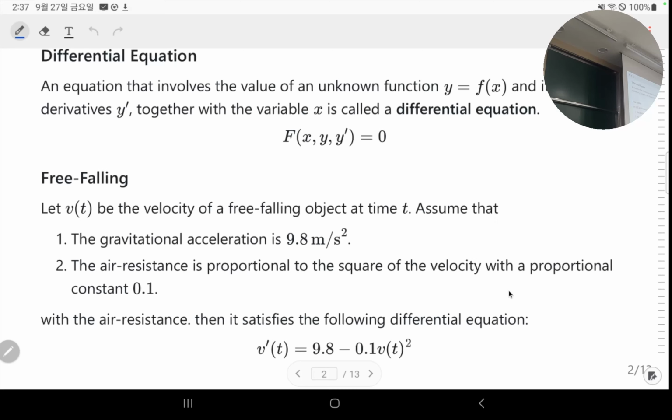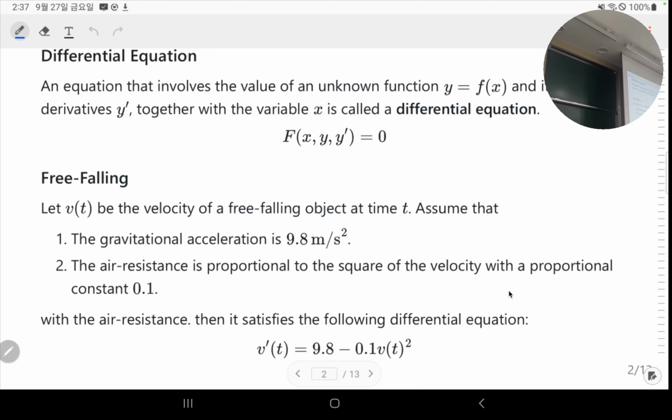So what we can do is set up an equation such that v prime, which is acceleration, is given by 9.8 minus 0.1 times v squared. This all depends on the hypothesis, the physical principle. This 9.8 is the gravitational acceleration constant, and this minus part is because of the air resistance.